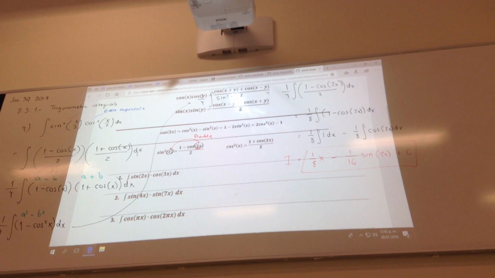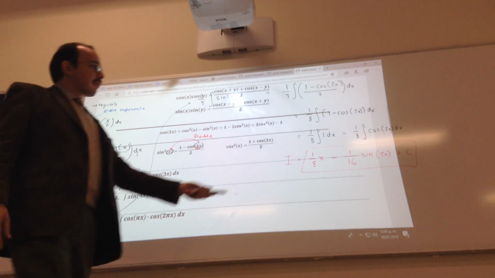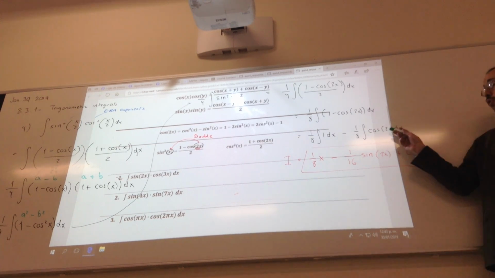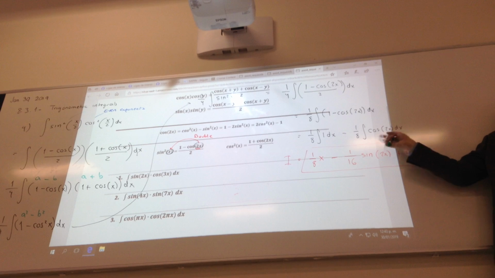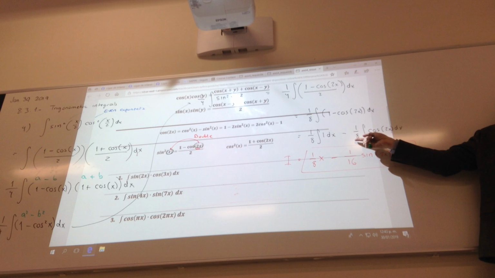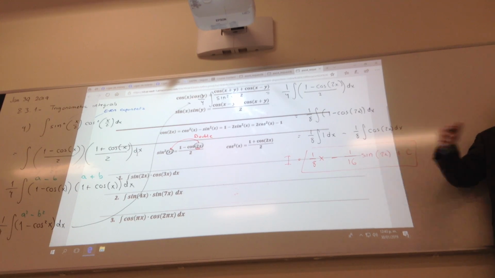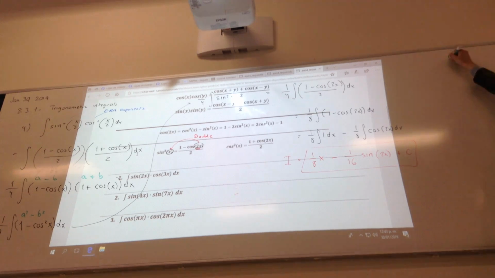Ya. Ya, ahora la integral, ¿por qué se hace menos 1 entre 16? Because I'm integrating cosine of 2x. When I integrate cosine of 2x, because I have a 2, that divides, times the 8 that I had at the beginning. That's the same. If you don't get why, just remember this.